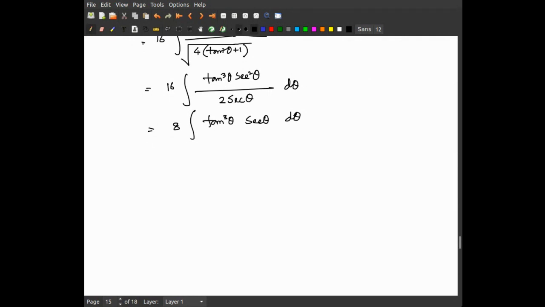Definitely this is a familiar problem. We have done this problem in section 7.2, and we know that if we have tan and secant, then we have to ask ourselves, can we take secant squared theta out?